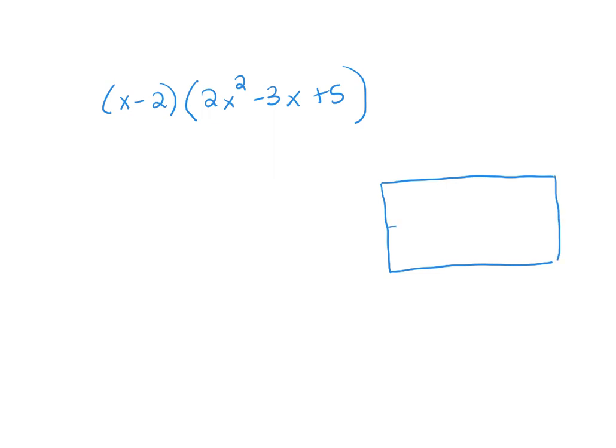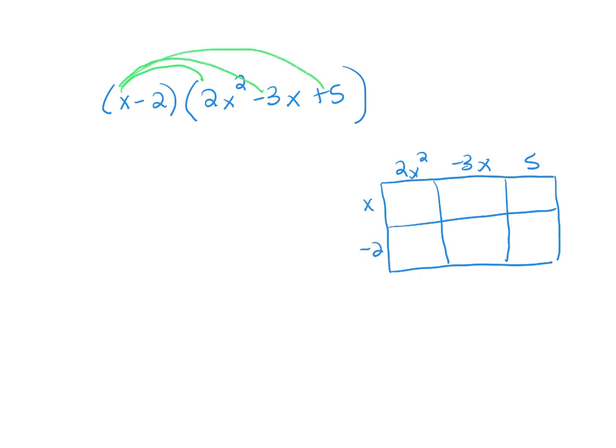You could do the box here, just do the quick setup, fill it in, and combine like terms. If you don't really like the box, just remember it's really just the distributive property. The x term has to be applied to all three, and then minus 2 has to be applied to all three.